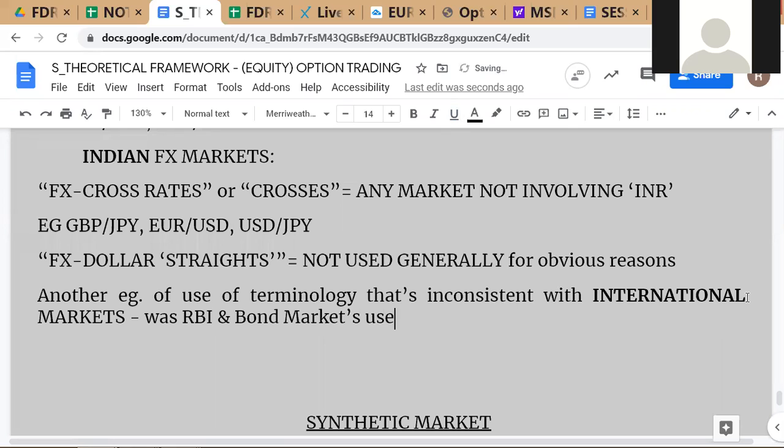Use of terms, you know these terms, repo and reverse repo.